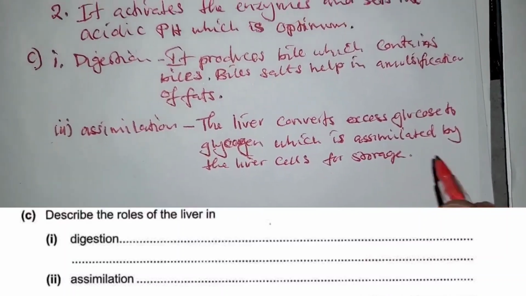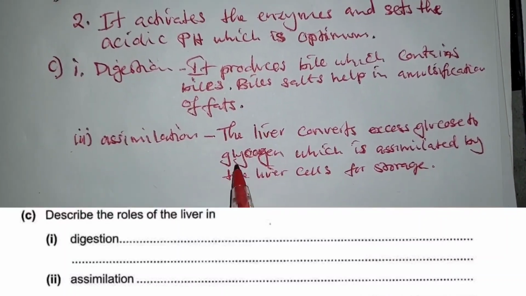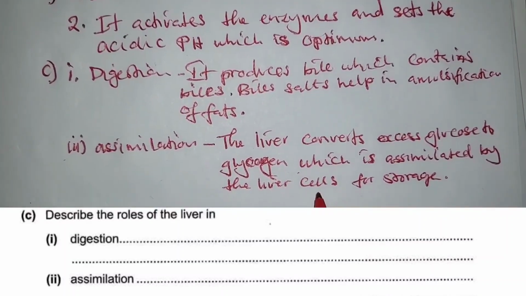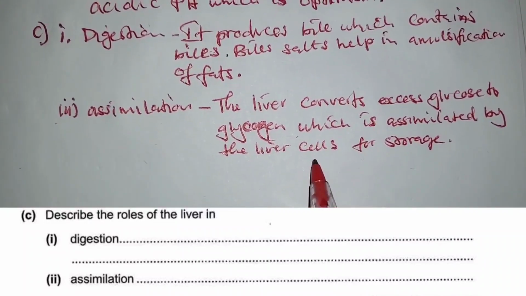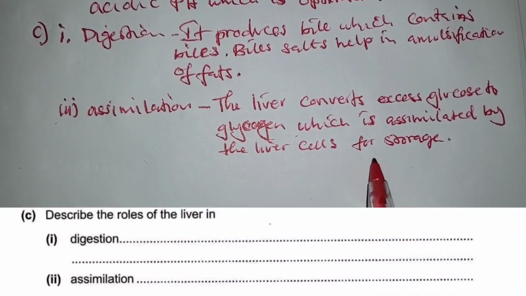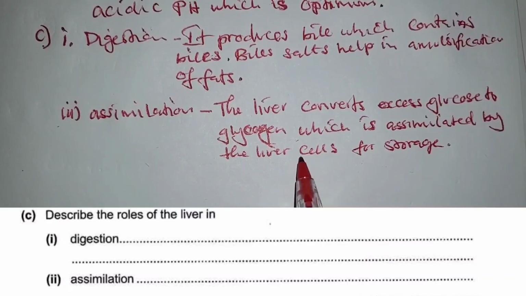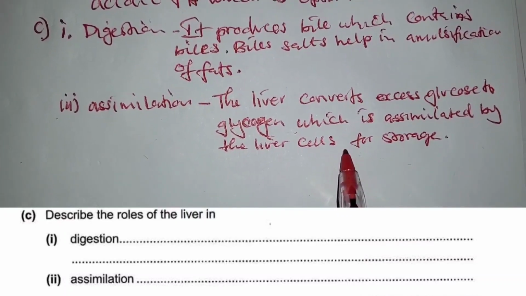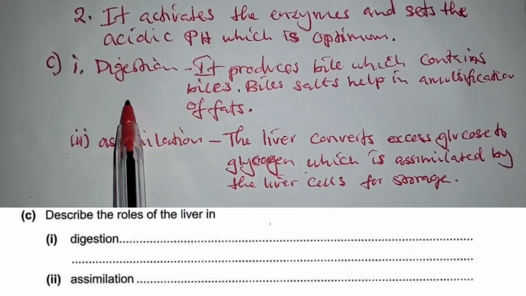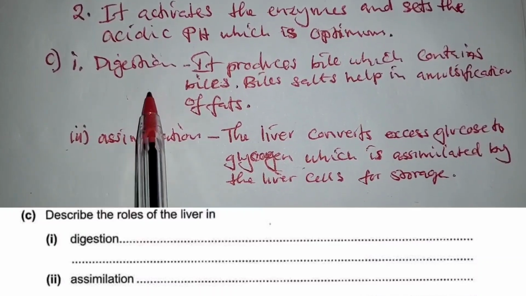Now this glycogen is stored in the muscles and also in the liver. The larger quantity is stored in the muscles, then the other in the liver. That's the role of the liver, and they usually ask such questions.